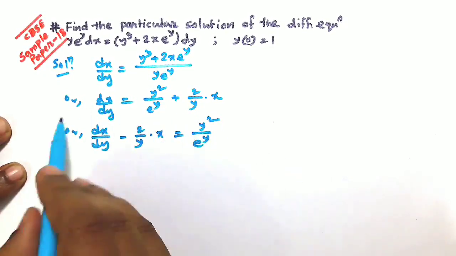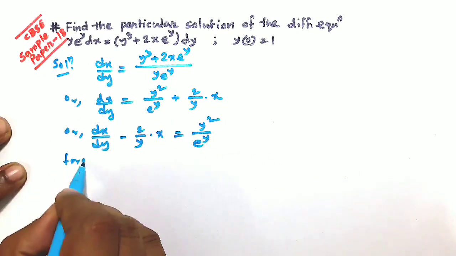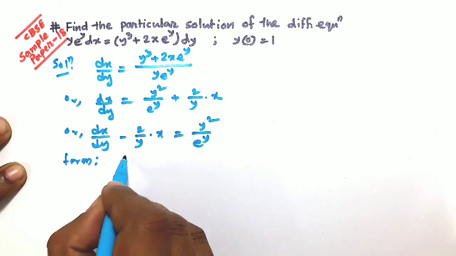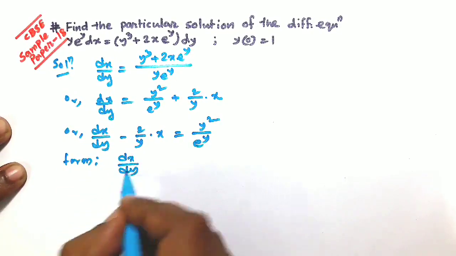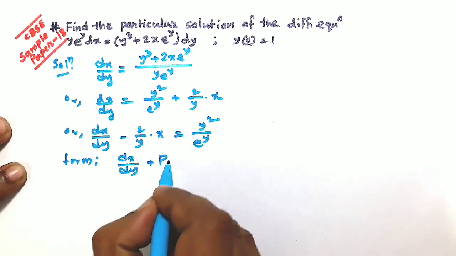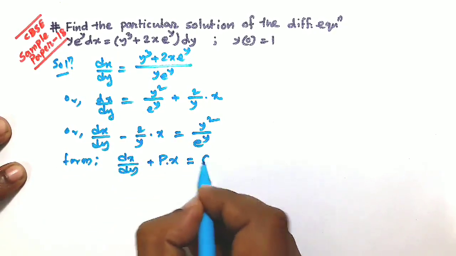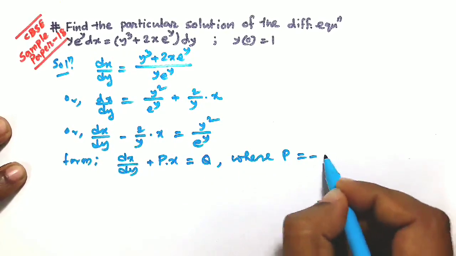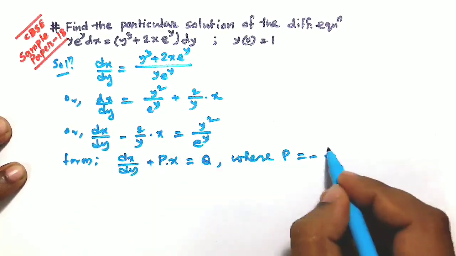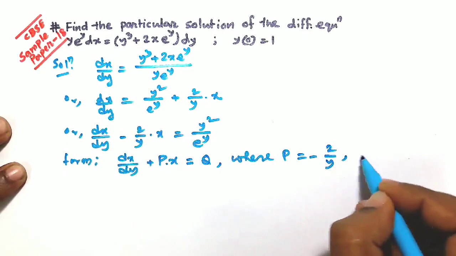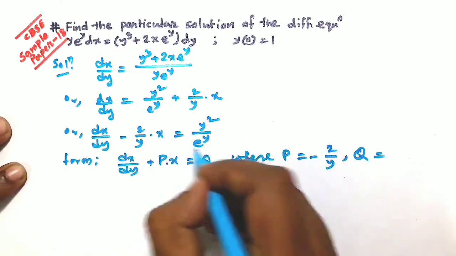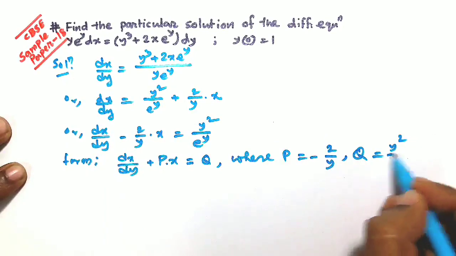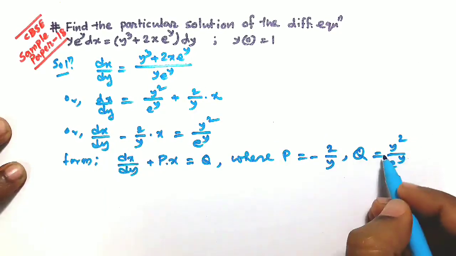It is again of the form, and the form is very important: dx/dy plus px is equal to q, where p is equal to minus 2 upon y and q is equal to y square upon e to the power y.